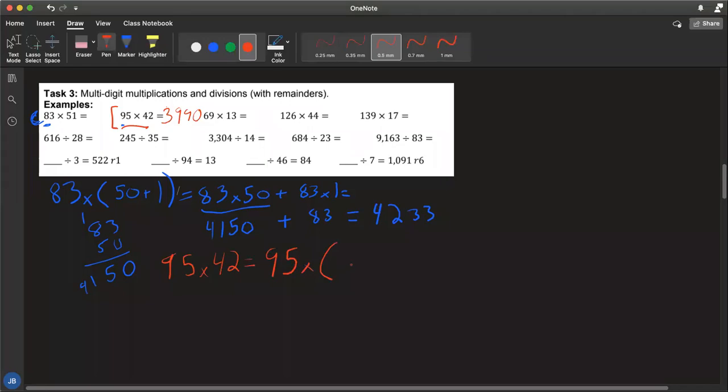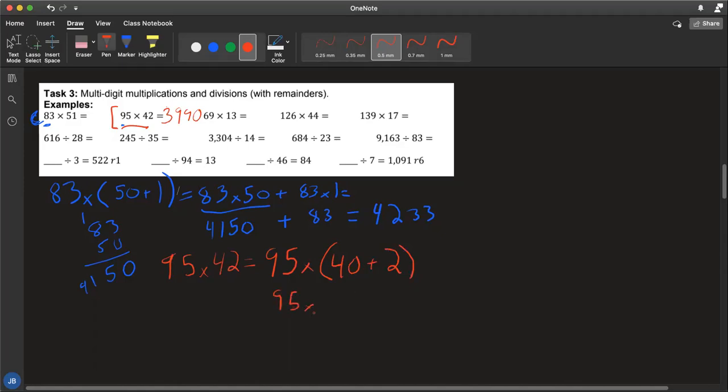What would you want to change 42 to? 42, I would change that to 6 times 7. So not times, it'll have to be plus. Yeah, sorry. 40 plus 2. 40 plus 2. Perfect. And so that makes it a little bit nicer looking than 95 times 42.